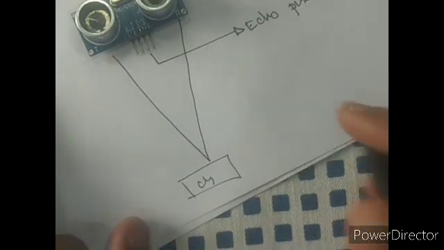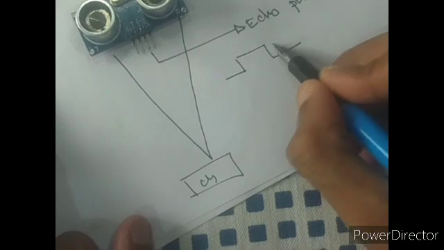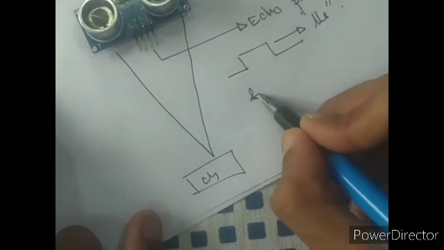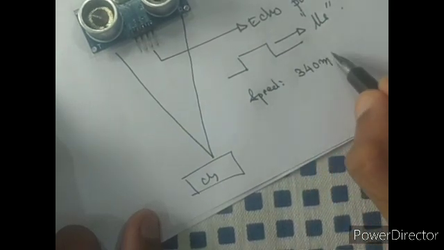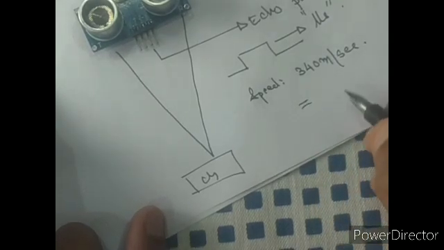So generally this output pulse width, assume it is in microseconds, and the speed of sound is 340 meters per second. So I am converting into centimeters.